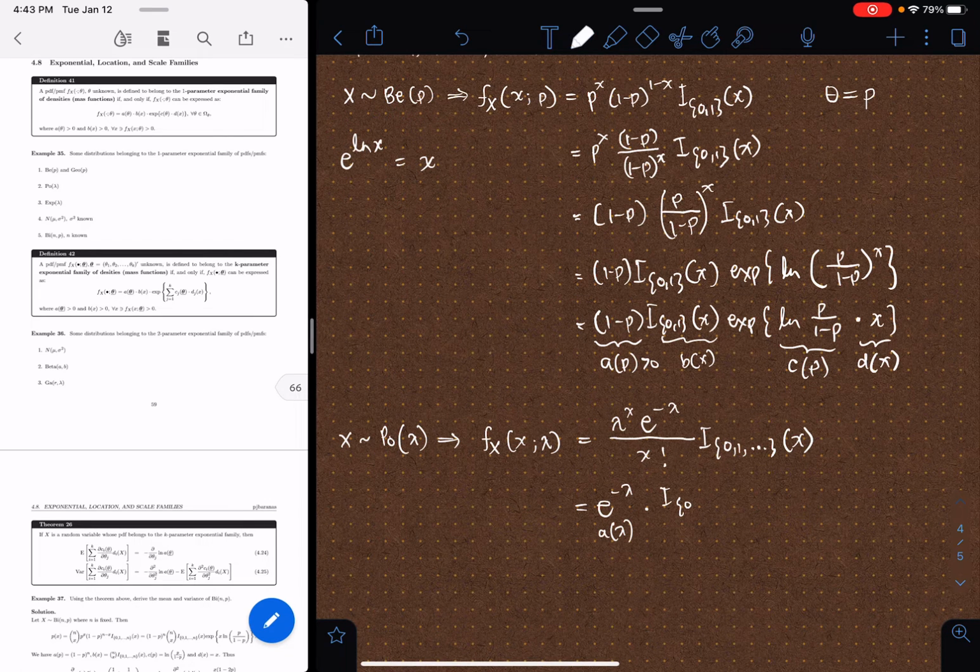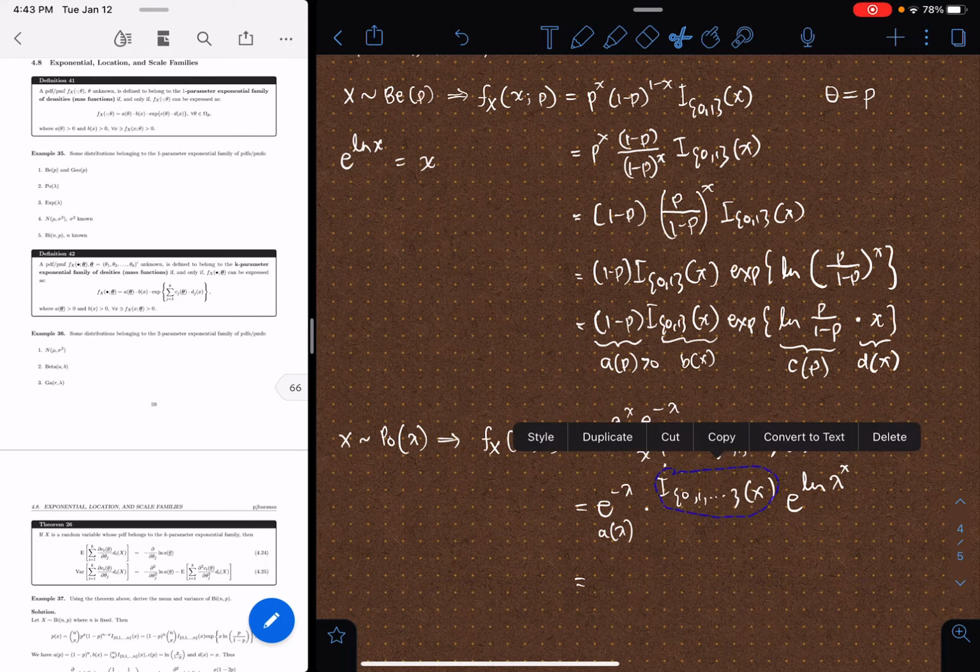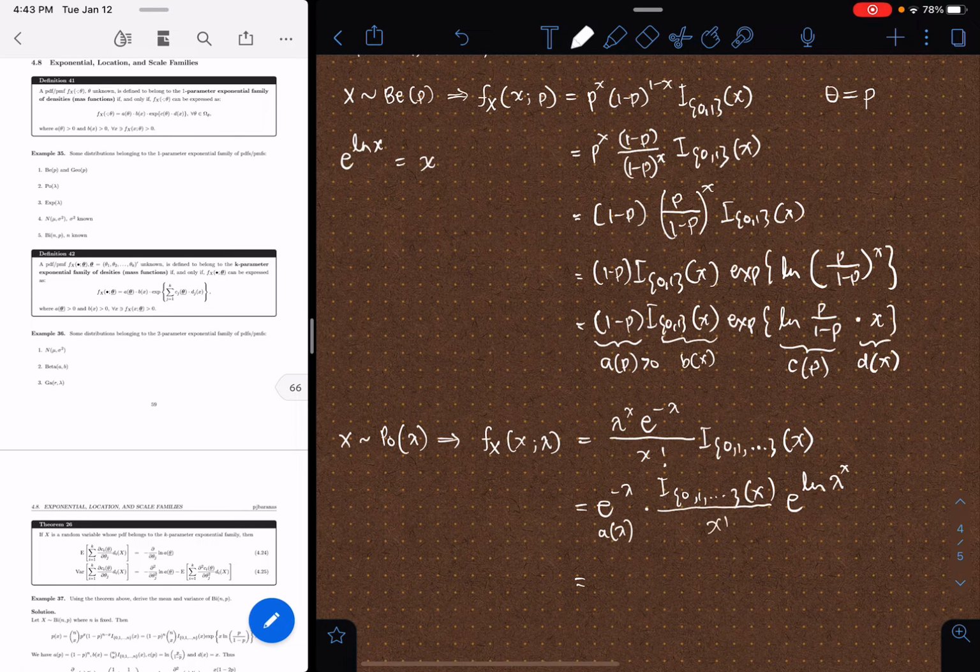Anyway, susulat ko na lang to 1 tapos x, tapos yung lambda to the x isusulat natin siyang e to the ln of lambda to the x. So ito yung magiging kulang pa to ng x factorial, nakalimutan natin yung x factorial, so iangat ko lang siya ng konti. That will be divided by x factorial. Ito yung magiging b of x natin, that's positive.